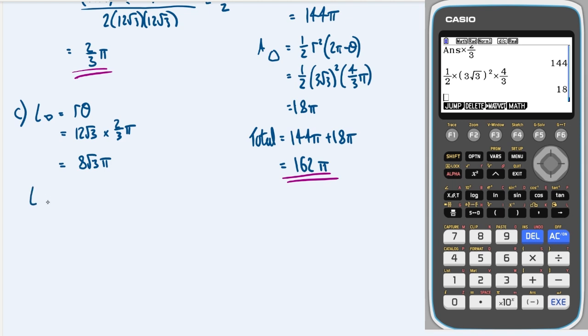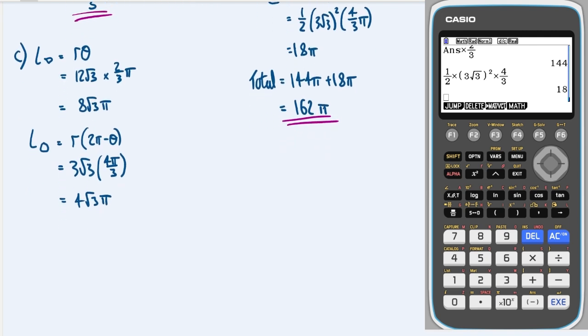We're also going to need the arc length of the one down the bottom. This is r, and it'll be 2 pi minus theta, sorry. And the radius of that one was 3 root 3, and we know the angle was 4/3 pi. So 3 and 3 will cancel, so this is 4 root 3 pi.